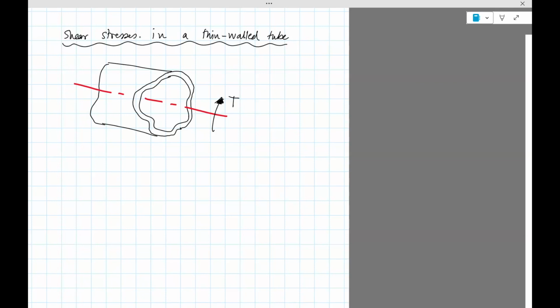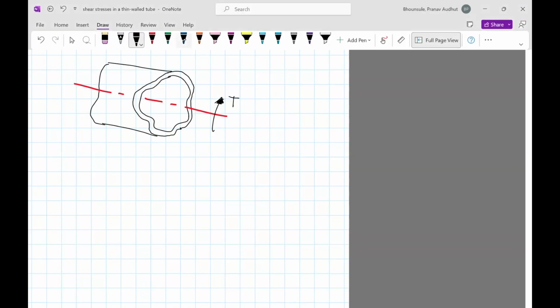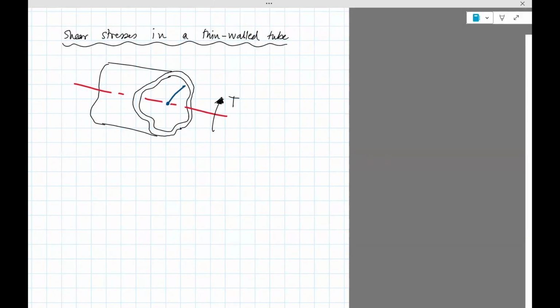The torque. Okay. Now, assume that there is some constant called r. As I said, it doesn't have to be the radius, but it's an approximate measure of the distance of the wall of the tube from the center.